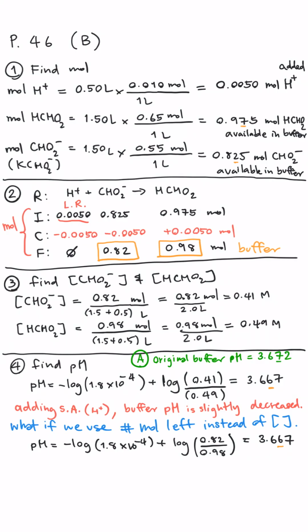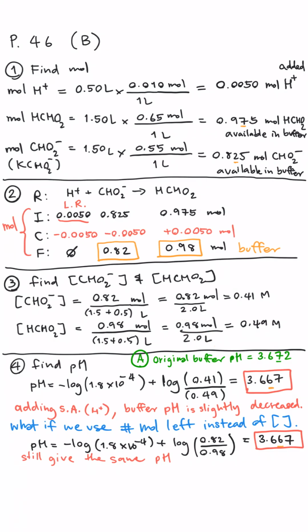When we use the leftover mole and plug into the Henderson-Hasselbalch, you will see that it still gives us the same identical pH value. This is because both weak base and weak acid are in the same volume. Therefore, when you convert into molarity, they are going to be divided by the same value.